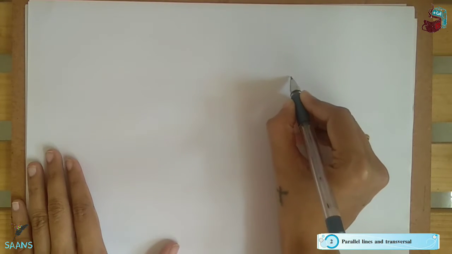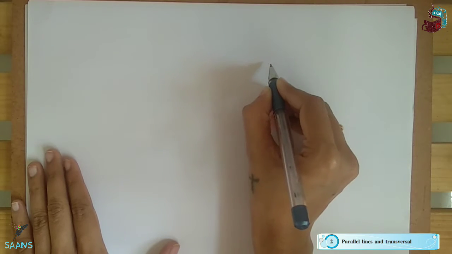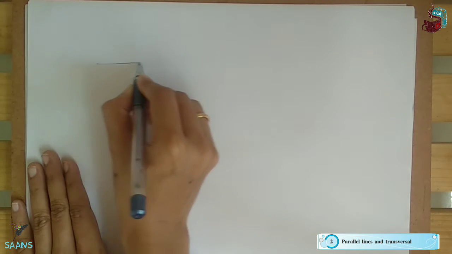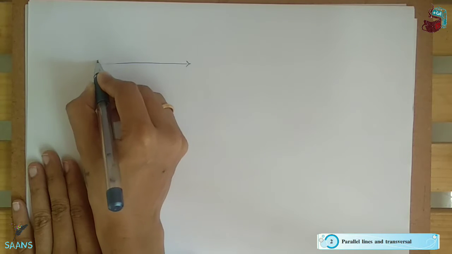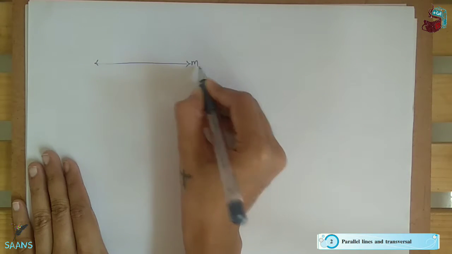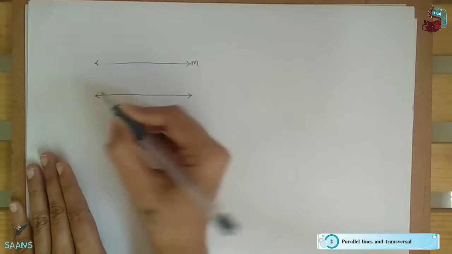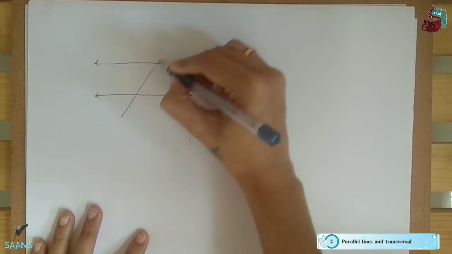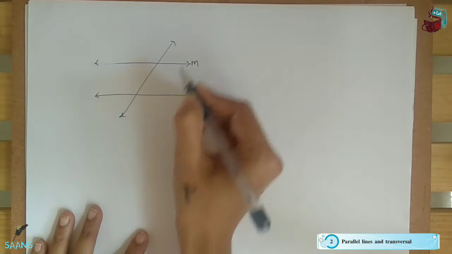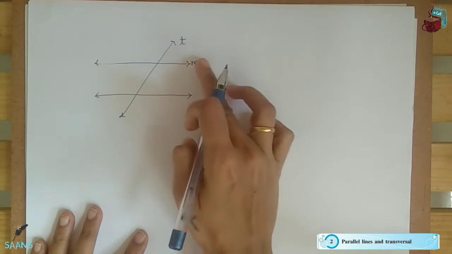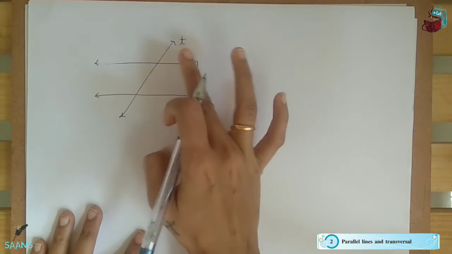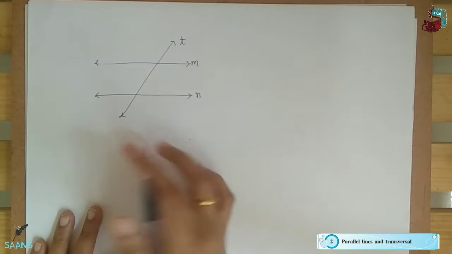Parallel lines look something like this. So this is line M, this is line N, and if a line cuts like that, okay, so M and N are parallel lines and T is called a transversal.